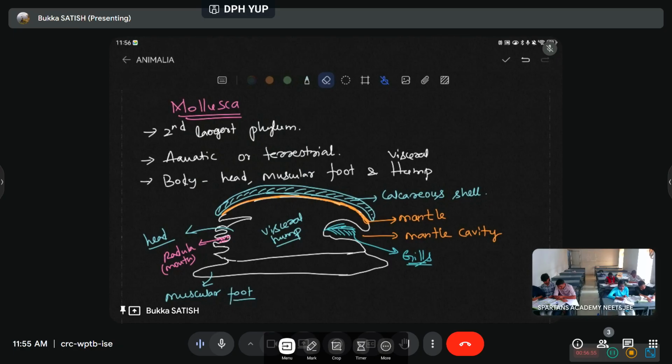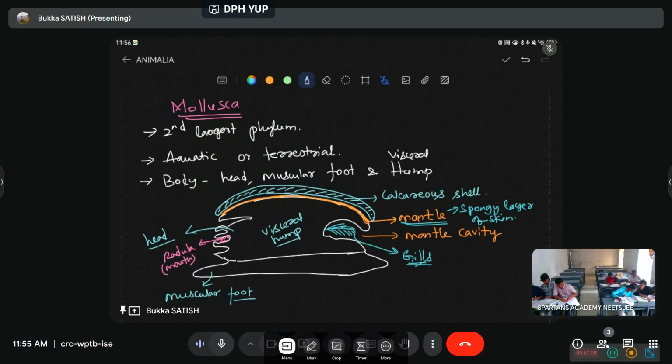A soft spongy layer of skin forms the mantle.